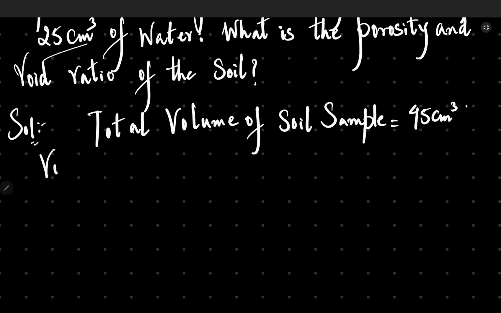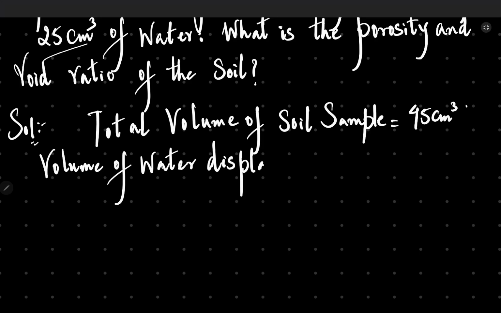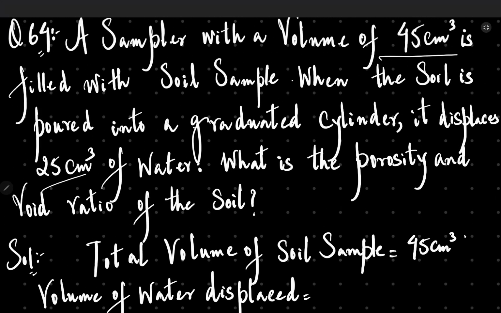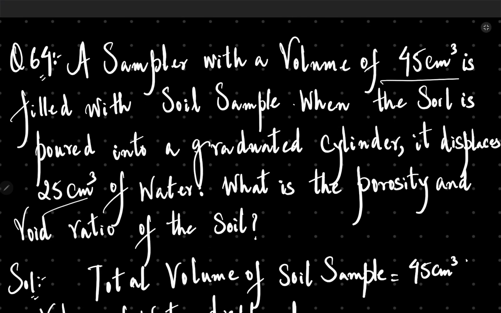Volume of water displaced is how much? When the soil is poured into a graduated cylinder, it displaces 25 centimeter cube of water.